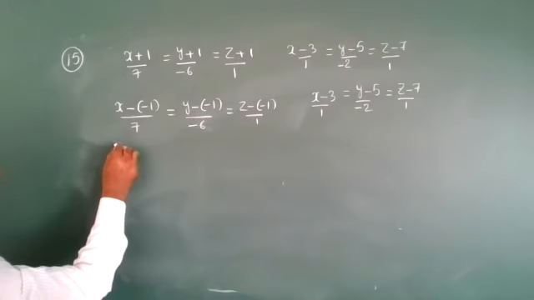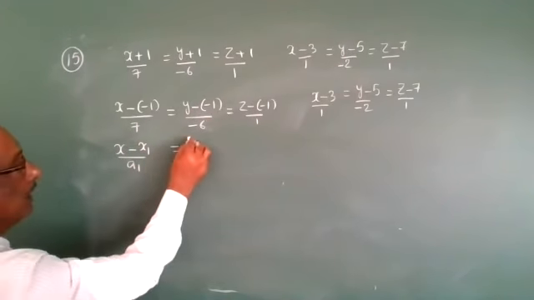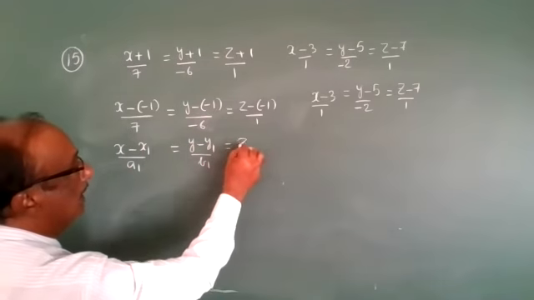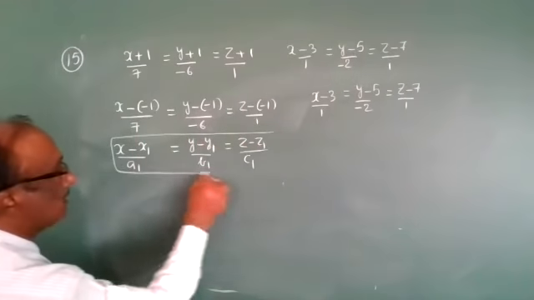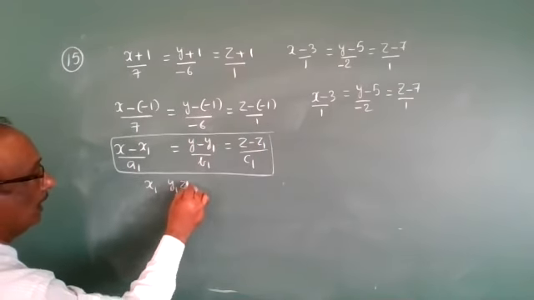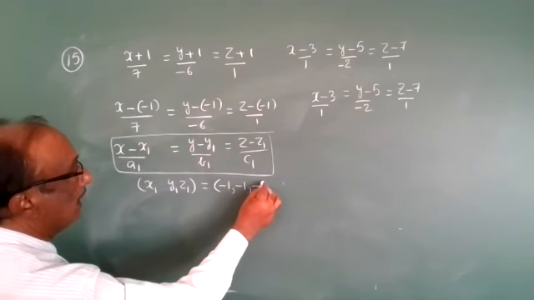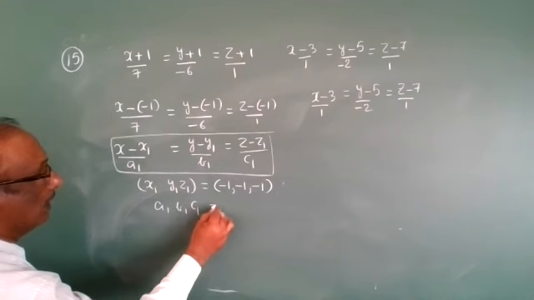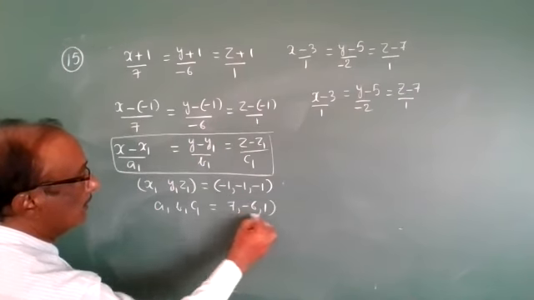Compare with x minus x1 by a1, y minus y1 by b1, z minus z1 by c1. By comparison, x1, y1, z1 is equal to -1, -1, -1, and a1, b1, c1 is equal to 7, -6, 1.